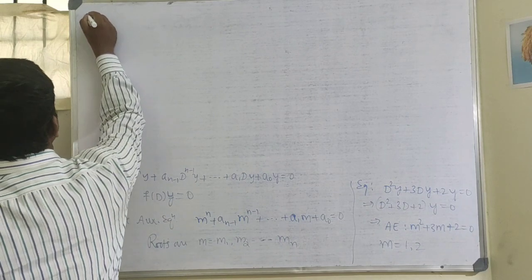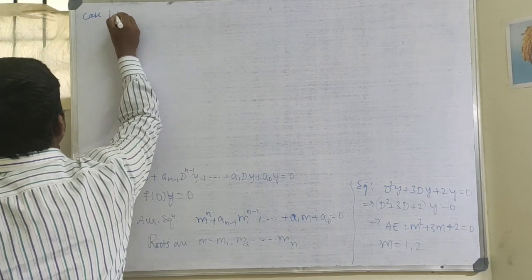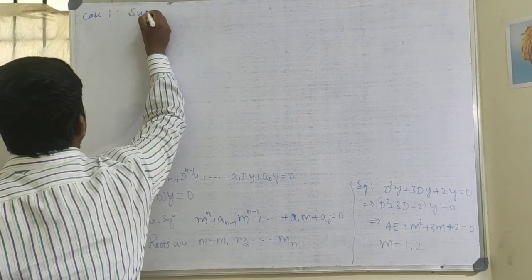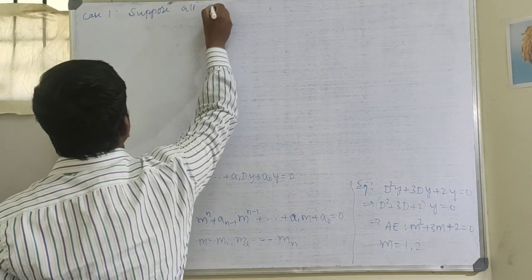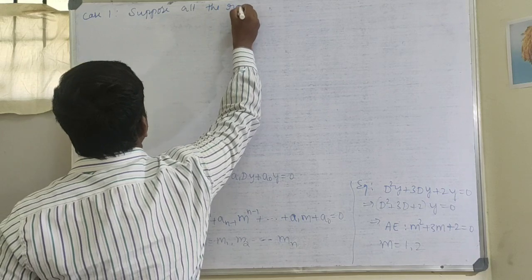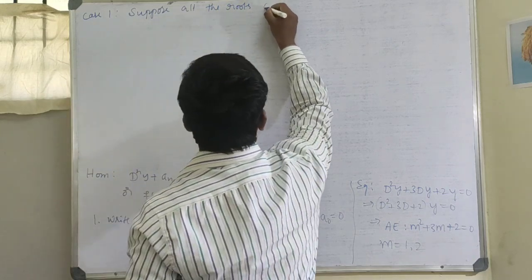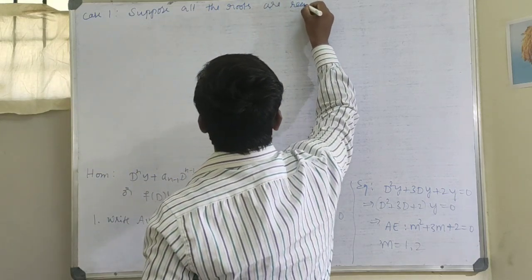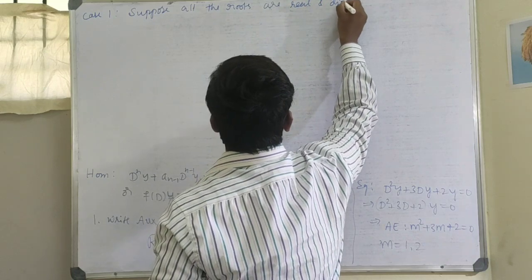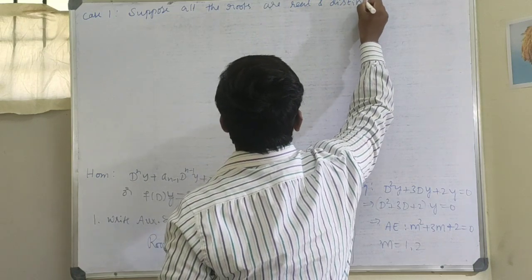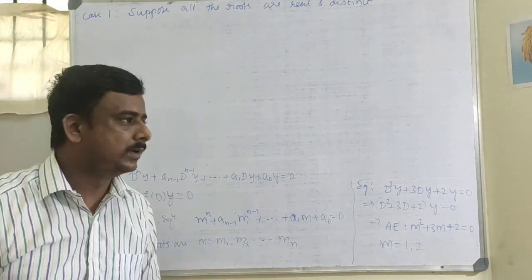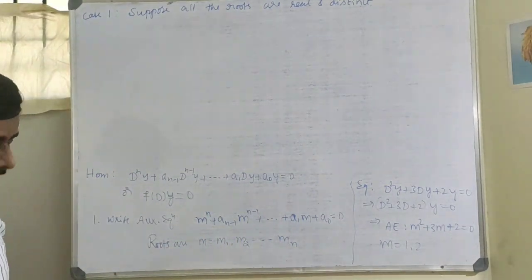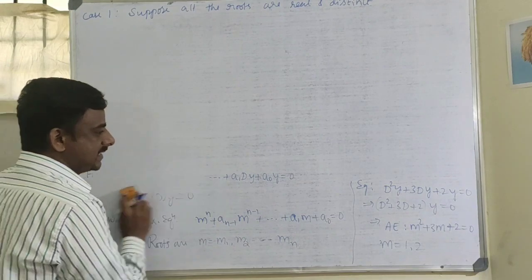Case 1: suppose all the roots are real and distinct. Distinct means none of them are equal. If you take any two roots, they must be unequal or distinct.